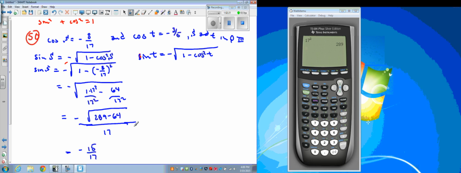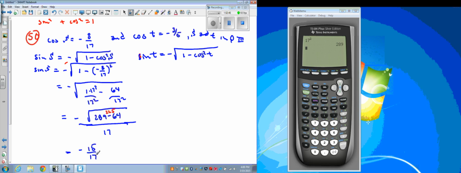Yeah, 225 is 15 squared. Just leave the 17 because it was still squared. Yeah, because I knew I was going to square root the denominator. So that's why I didn't want to go 289, because I was going to square root the denominator.